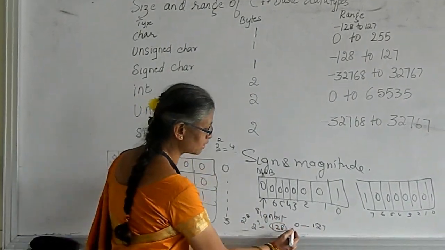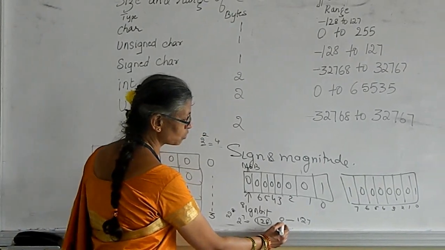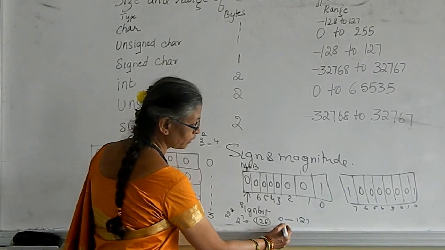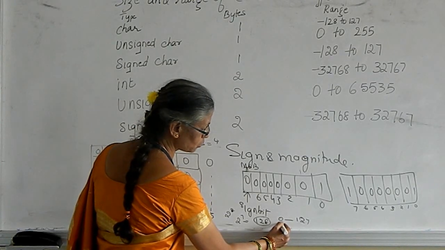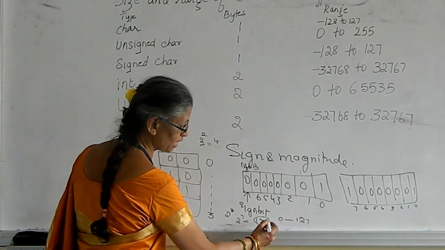Now the negative values. You can store -1, -2, -3 and so on.